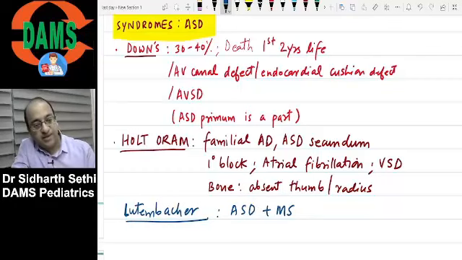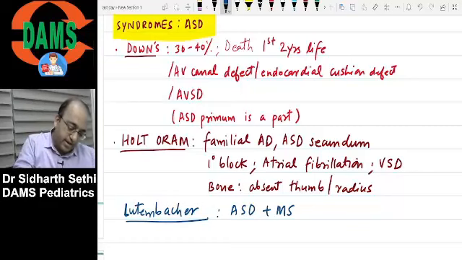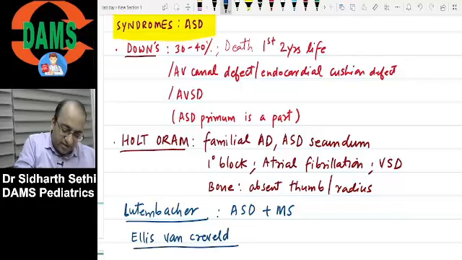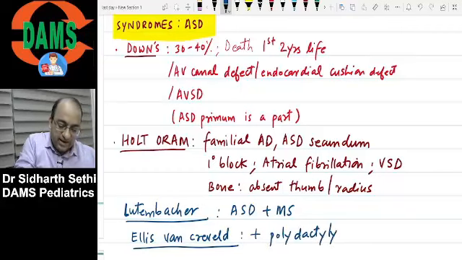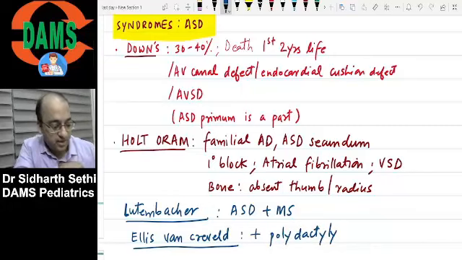So Lutembacher is ASD with mitral stenosis. Okay. There is another syndrome called Ellis-van Creveld syndrome. It's a very rare syndrome in which in addition to ASD, there is also an extra finger called polydactyly. Okay. So there is also an extra finger, polydactyly.